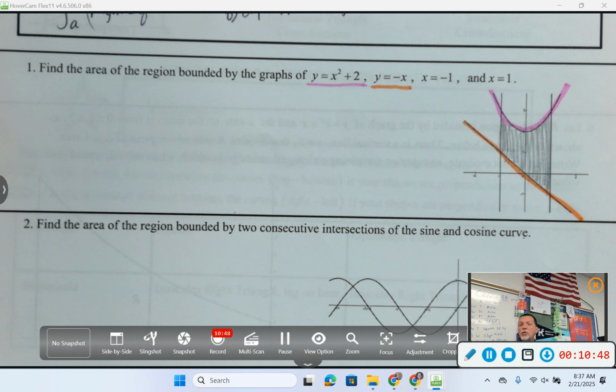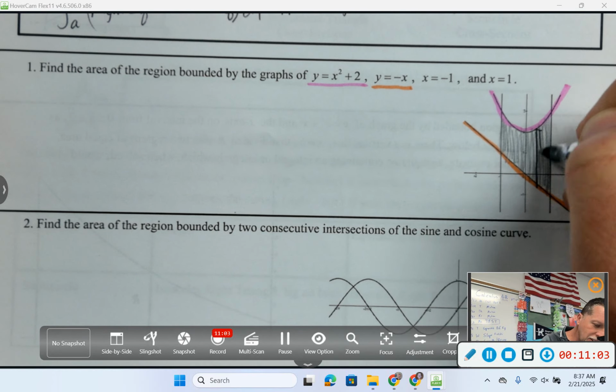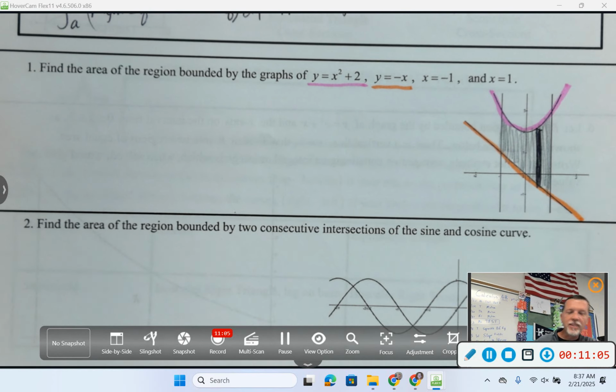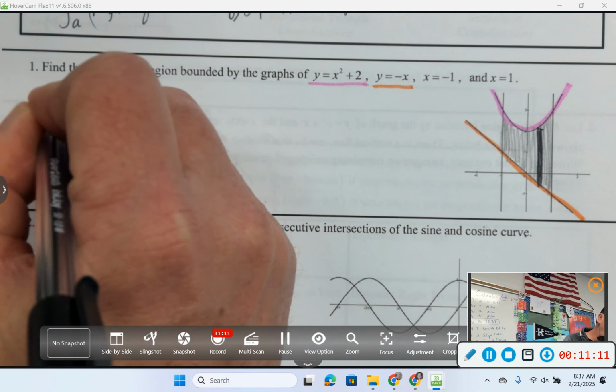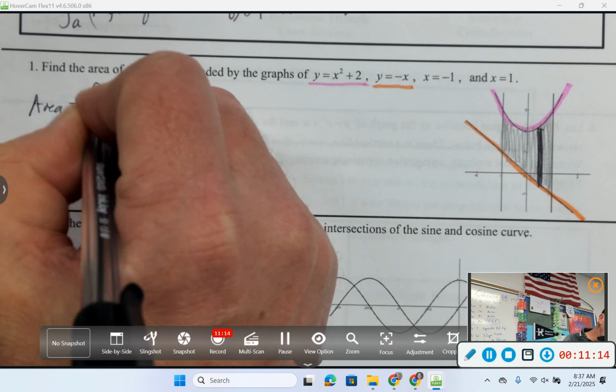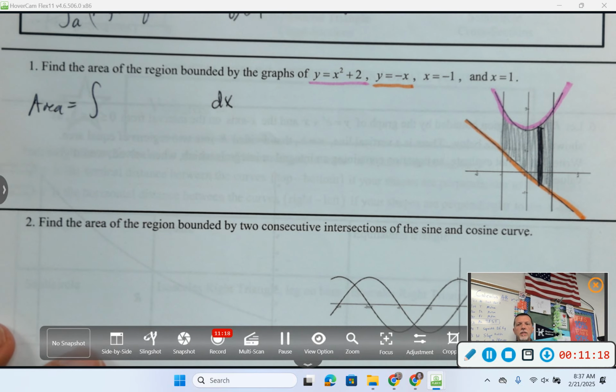So usually the first question we ask is, is this a dx equation or a dy equation? It is going up and down, so here's my rectangles. So that makes it a dx equation. We're slicing against the x-axis, so this is a dx equation. And usually that's the first thing to consider.